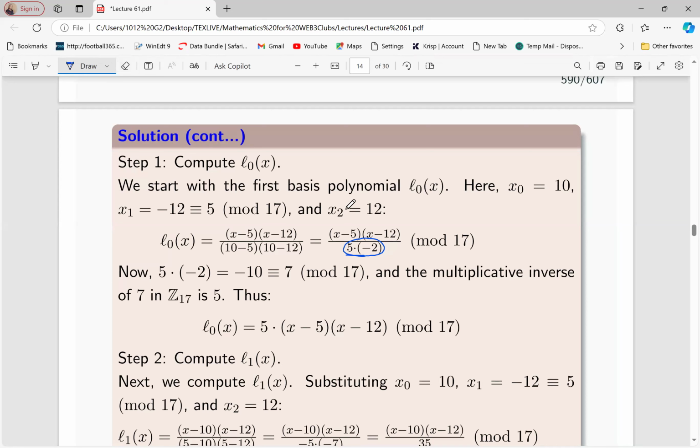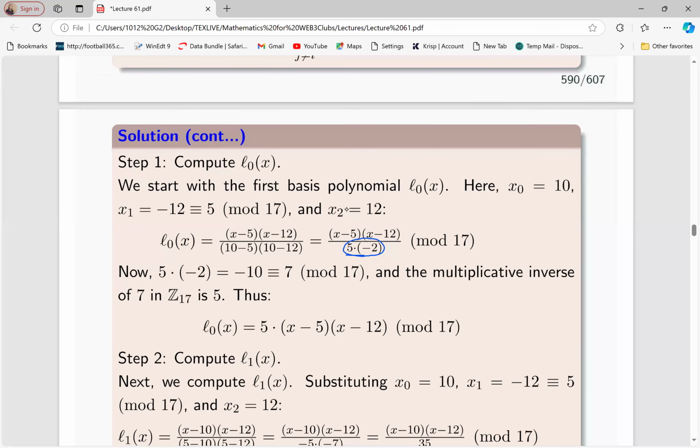So finally what we have is x minus 5, x minus 12 over 7, because negative 10 mod 17, just add negative 10 plus 17, you get 7.